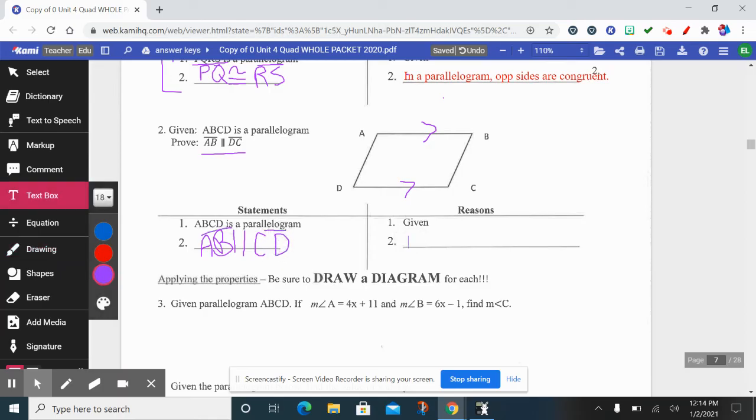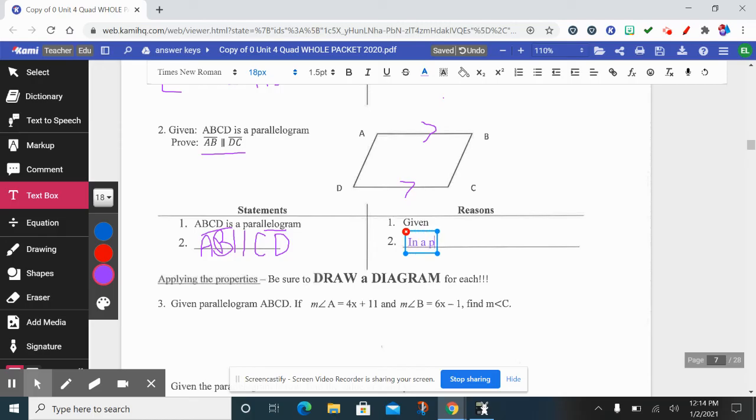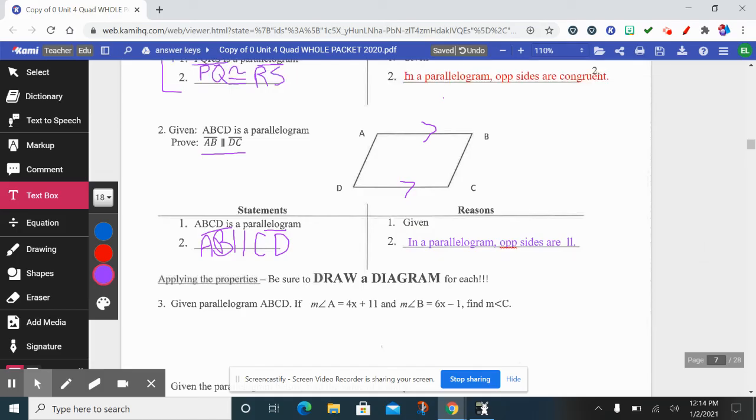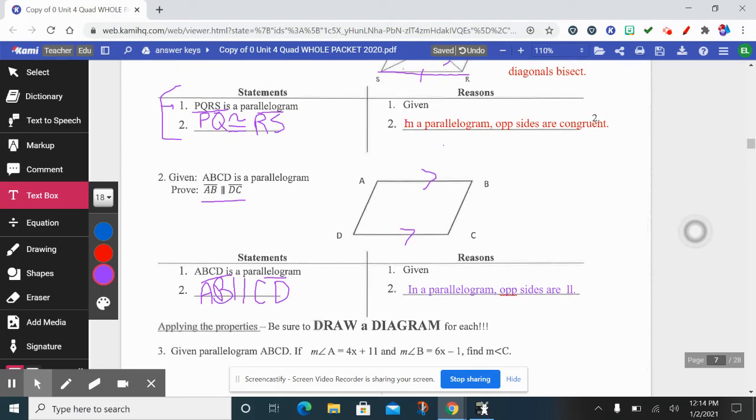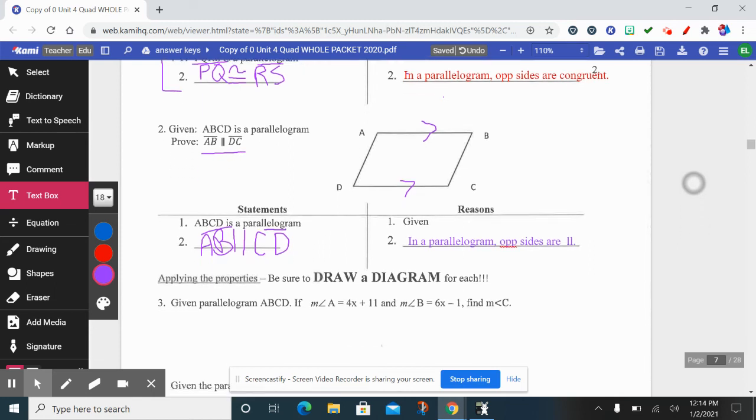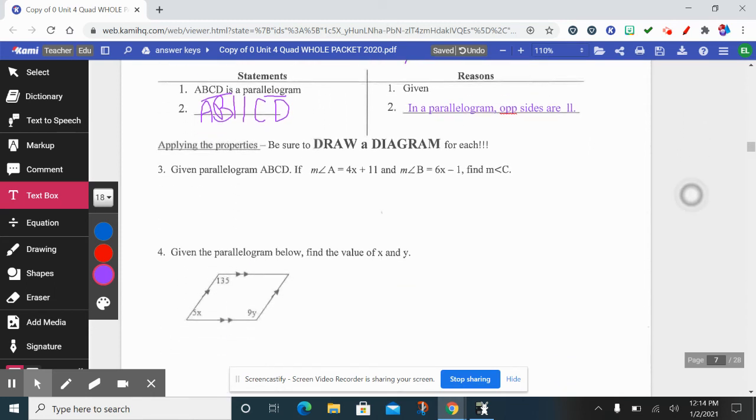And the reason is because in a parallelogram, opposite sides are parallel. Just going to use a double L to show the parallel symbol. Right? So those reasons, those statements I keep saying, those properties, we're going to be using time and time again.